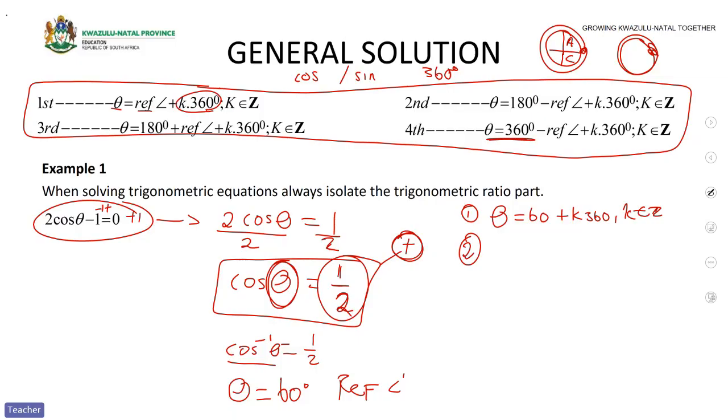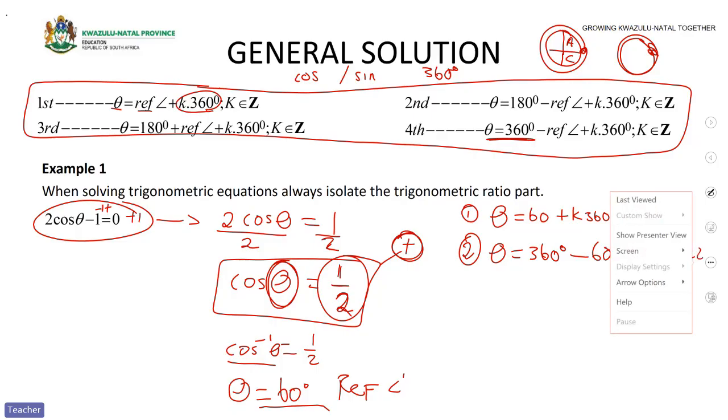So there it is. We have theta equals 360 degrees minus the reference angle. Our reference angle is 60 degrees, so it will be minus 60 degrees plus k times 360, where k is an element of all integers.